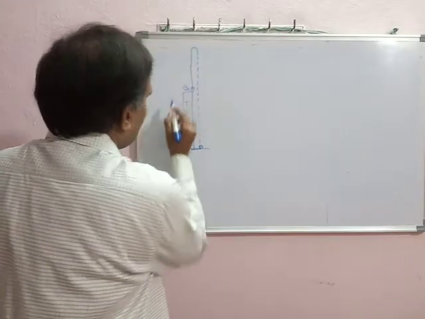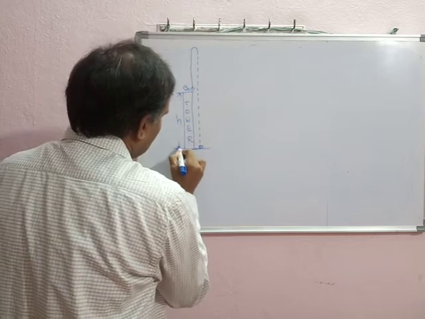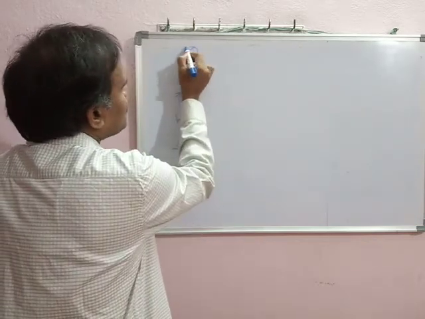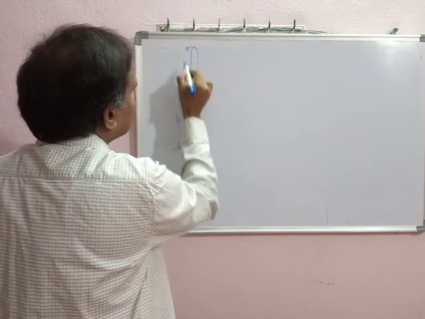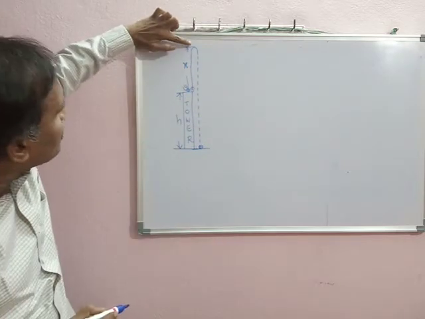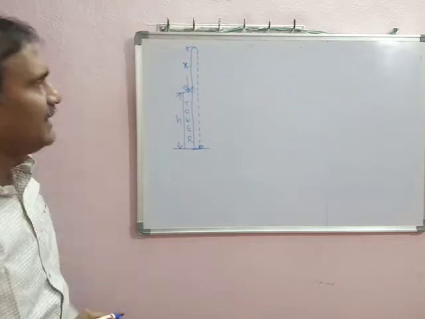Now, the height of the tower is h. And also you can assume this height is x. Above the top of the tower, the particle covers a height x.